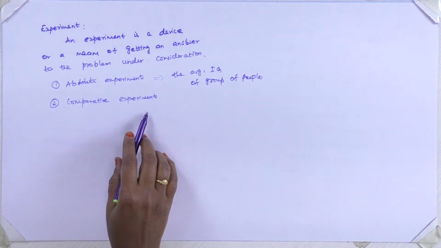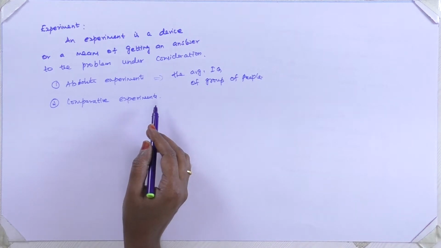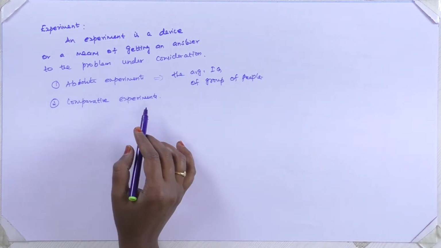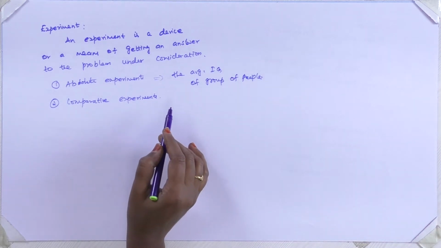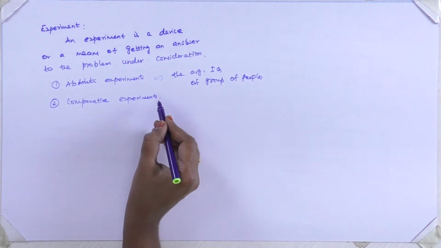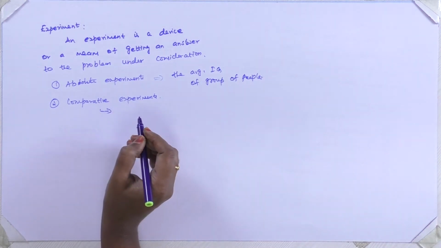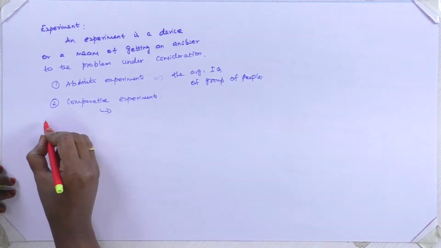Second one, comparative experiment. It is designed to compare the effect of two or more treatments on some population characteristics. Example, comparison of different fertilizers, different varieties of a crop.